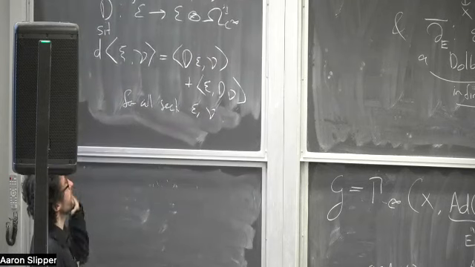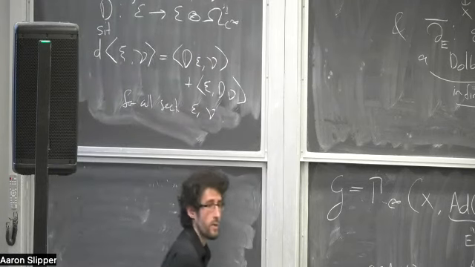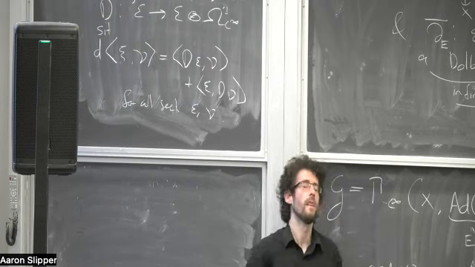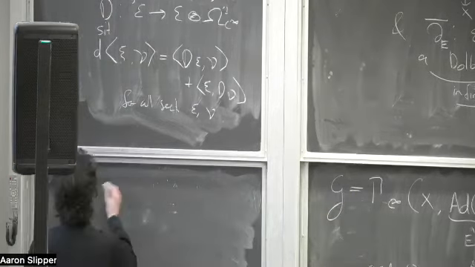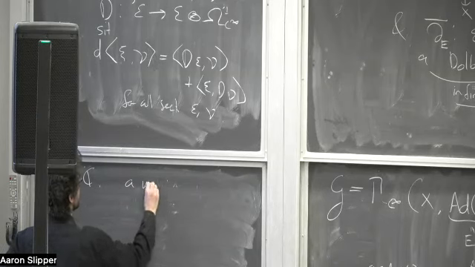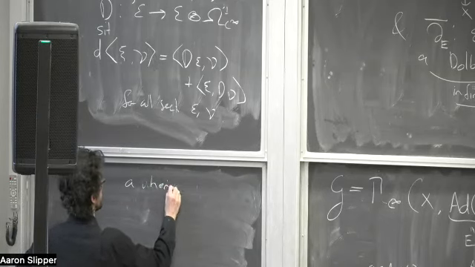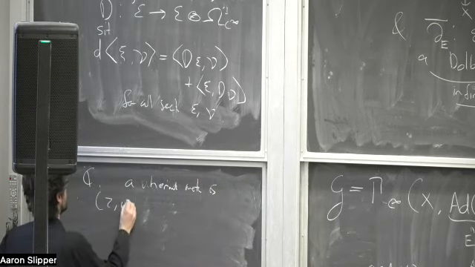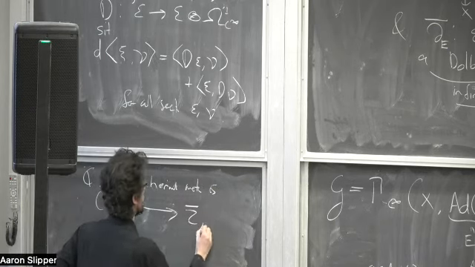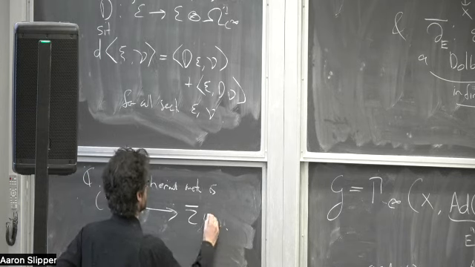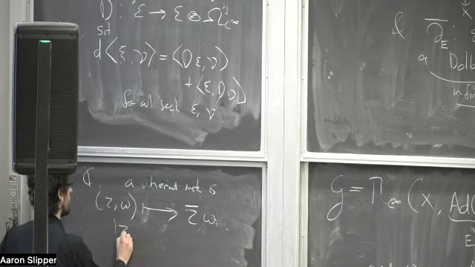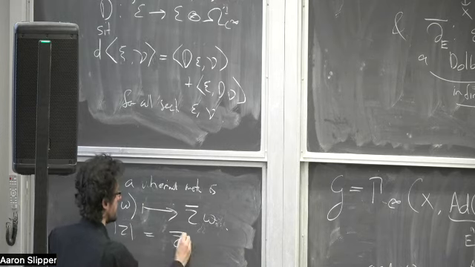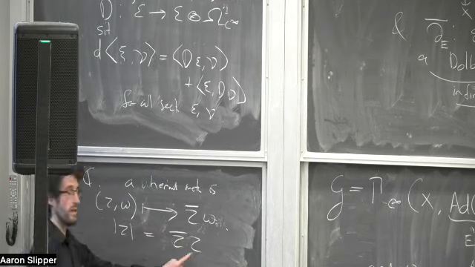But equivalently, what you should think about is, if we think about C, a Hermitian metric is Z comma W mapped to Z bar times W. So in particular, the norm of Z is equal to the length of Z squared.